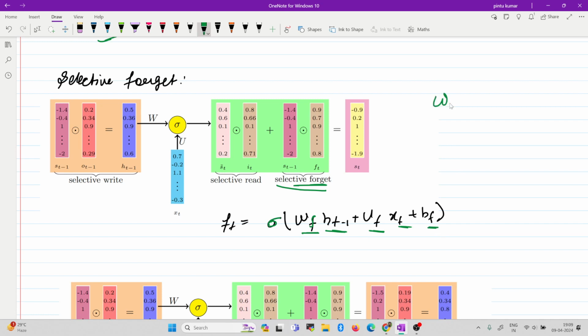So we have these parameters Wo, Uo, bo, then we had Wi, Ui, bi. Now we have Wf, Uf and bf. Now what quantity do we want to forget?